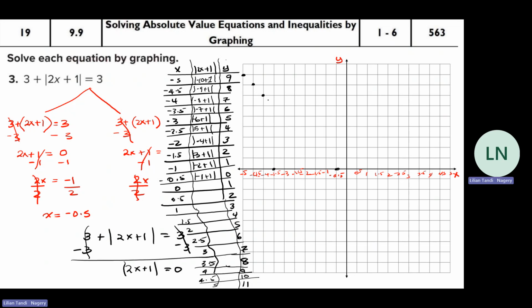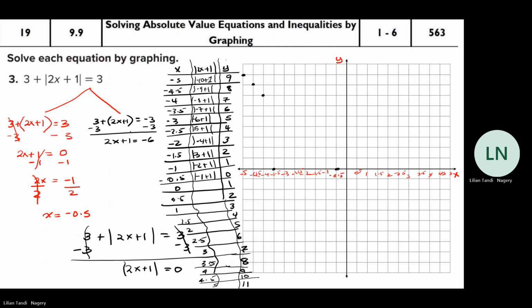What am I doing? Am I doing it correctly? Why is my answer here? Okay, let's see if I solved this correctly. Maybe I did not solve that correctly. 3 plus 2x plus 1 equals 3. Subtract 3. No, equals negative 3. 2x plus 1 equals negative 6.